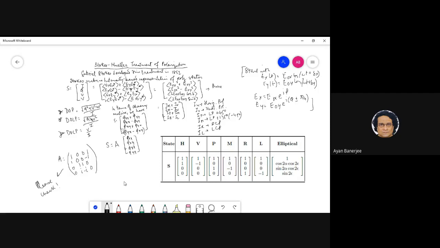See, what is nice is, remember what we wrote as the determinant of phi? The determinant of phi can be written exactly in terms of these. If you remember the definition we wrote for the degree of polarization, it was root of 1 minus 4 determinant phi by trace phi whole squared, or something.